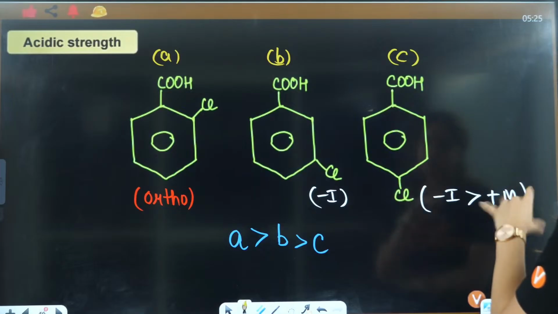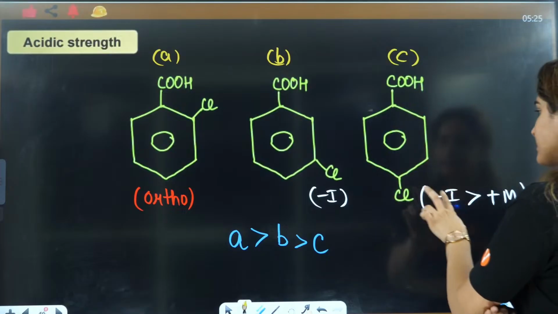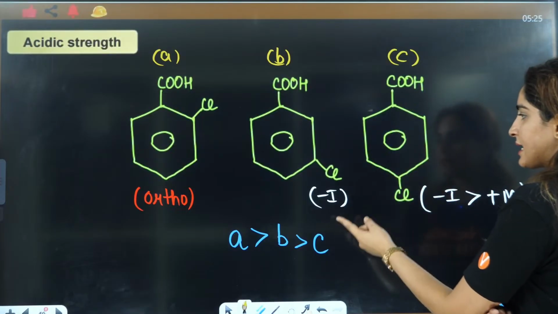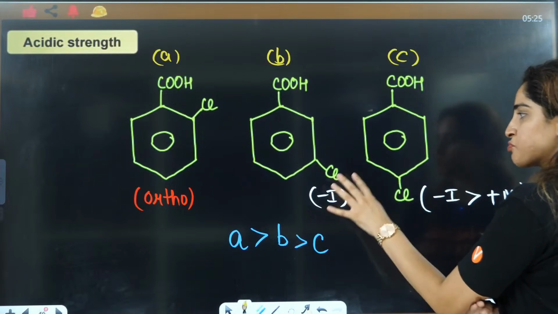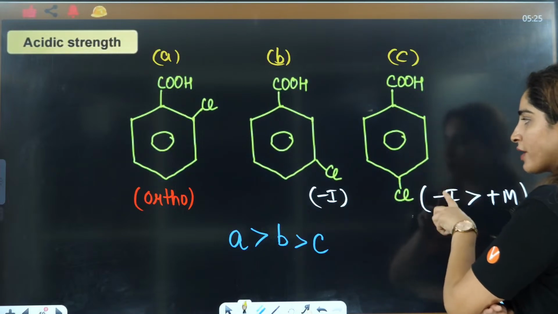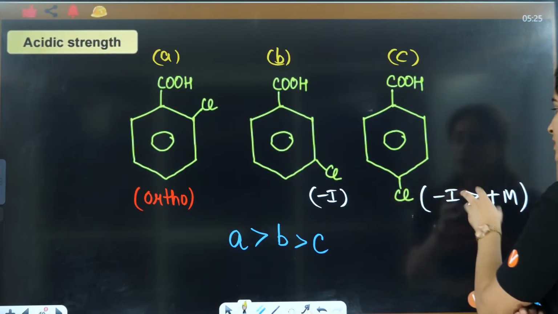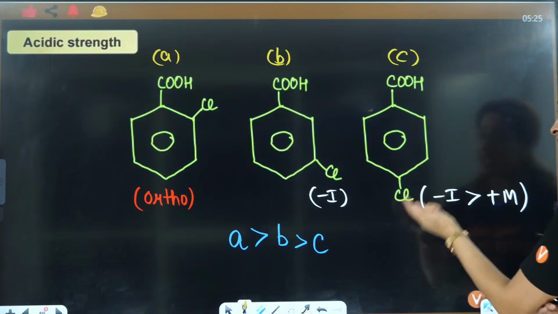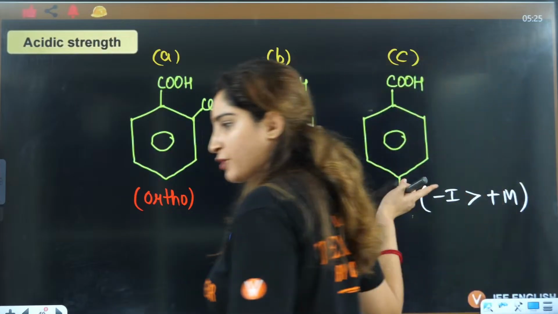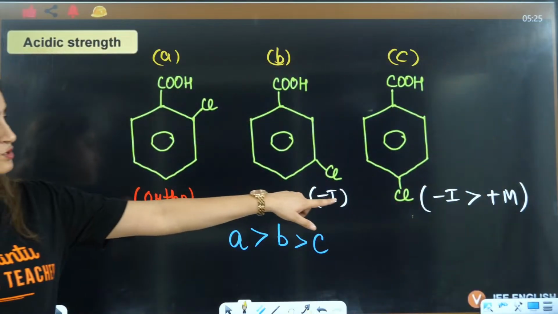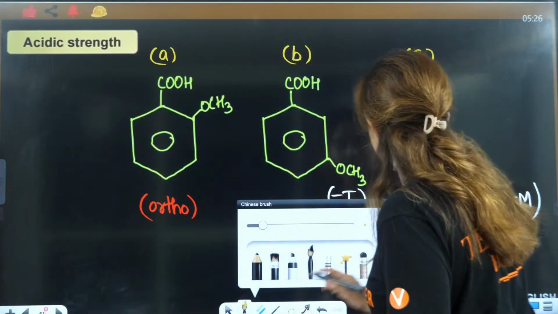Here minus I is more dominating as compared to plus M, but still if you compare minus I and minus I here, this is withdrawing the electron with more efficiency, so this is more stable. Here it is withdrawing the electron with less efficiency, so it is less stable. Moreover, it is also donating with plus M, so it will become less stable. The answer is the same, but I wrote it wrong there, so I just wanted to correct that.